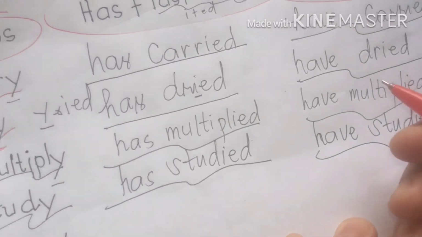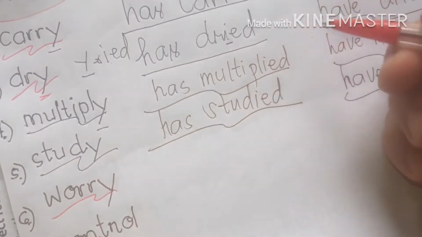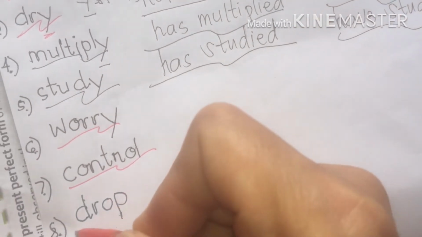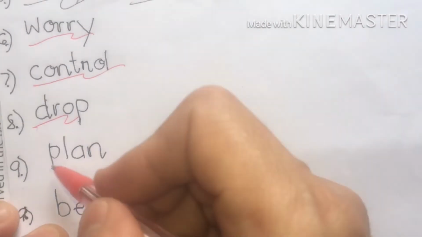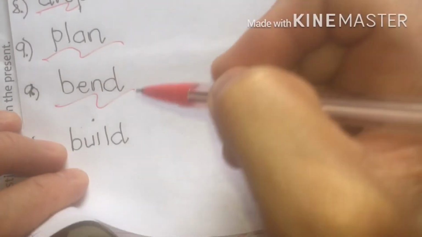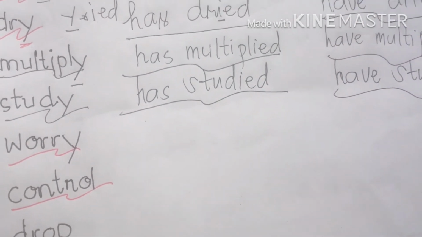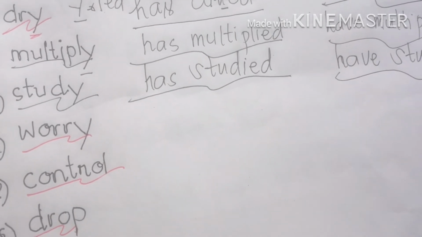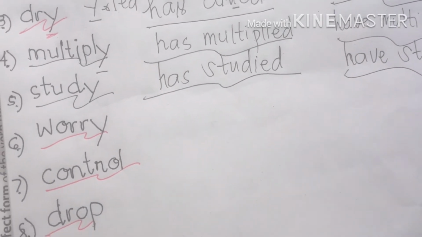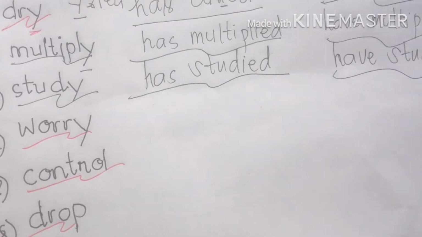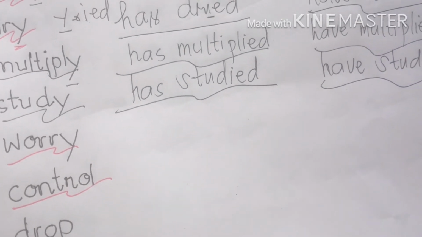Third group of verbs, you have worry, control, drop, plant, bend, build. Okay, we're going to finish our pattern, class, on how to make a verb using has and have plus past participle of the verb. Actually here we have three ways.